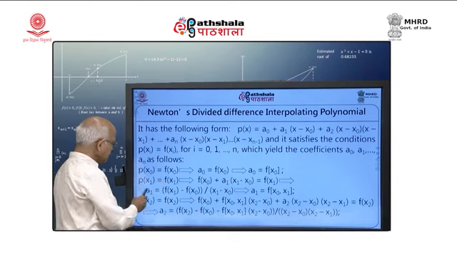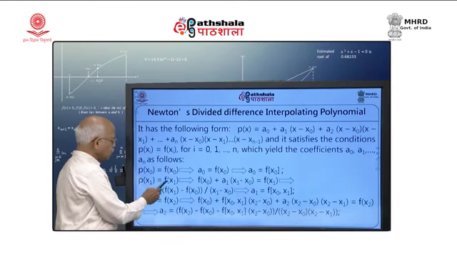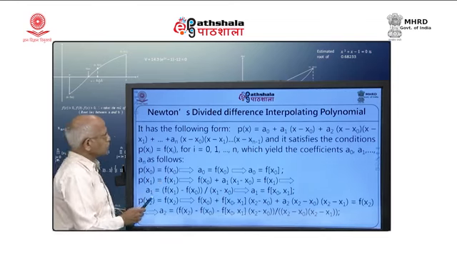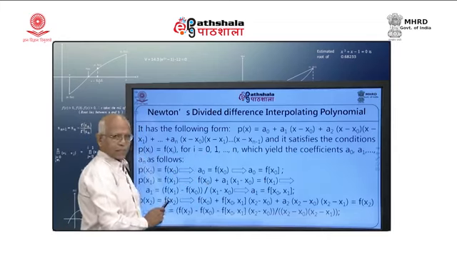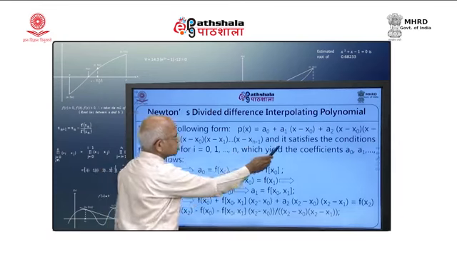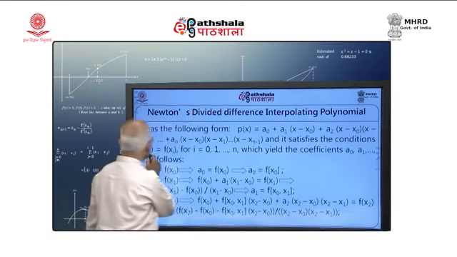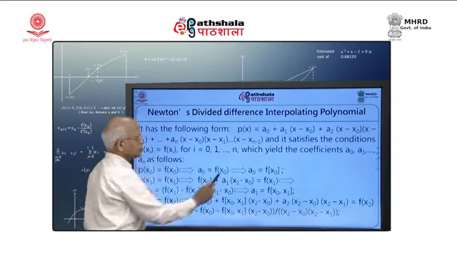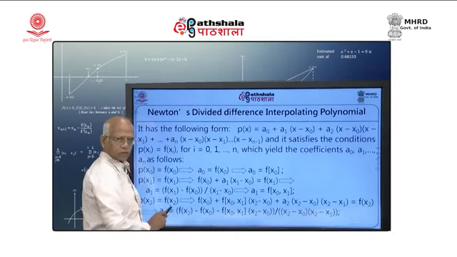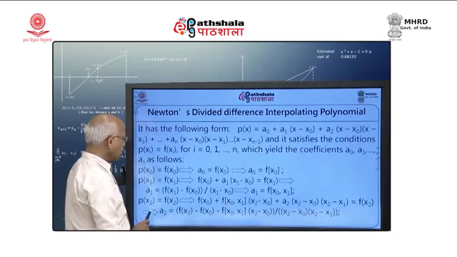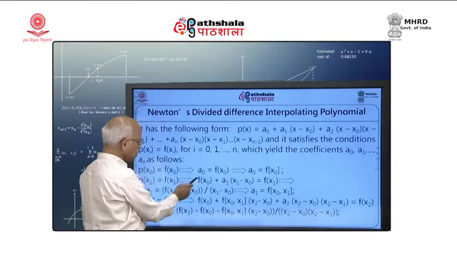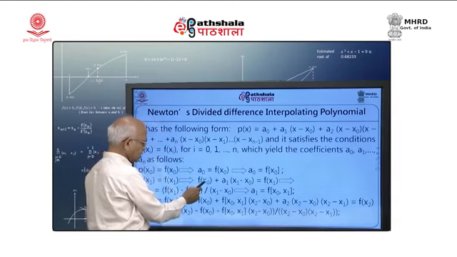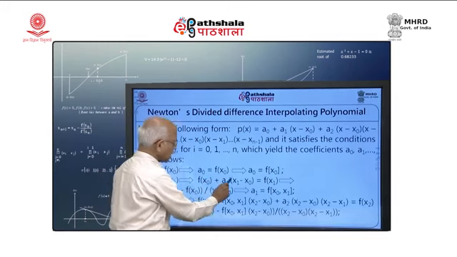Now, let us look at p of x 1 equal to f x 1, which is given. If I substitute x equal to x 1 in this formula, then from the second term onwards there will be a factor x minus x 1 everywhere, and therefore, everything from the second term onwards will vanish, that will be 0, and I will get a formula like this: f x 0, because a 0 is f x 0, plus a 1 into x 1 minus x 0.